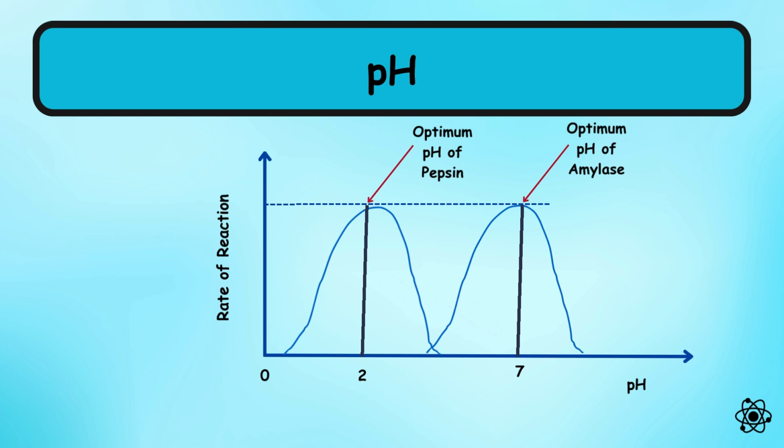Amylase, on the other hand, is found in saliva and therefore has an optimum pH of 7. So although pepsin will work best at a pH of 2, it will not function at a pH of 7, unlike amylase. Similarly, amylase will speed up the reaction at a pH of 7 but will not work at a pH of 2, unlike pepsin.